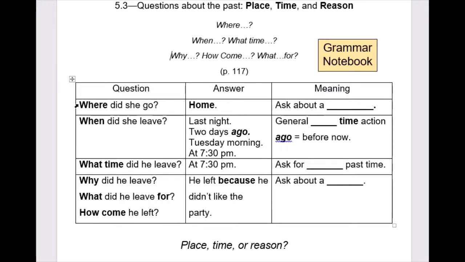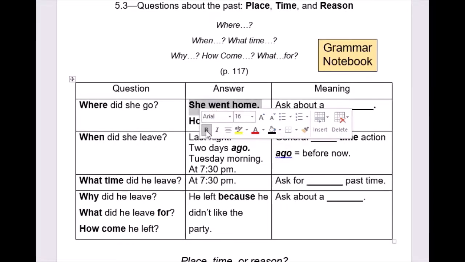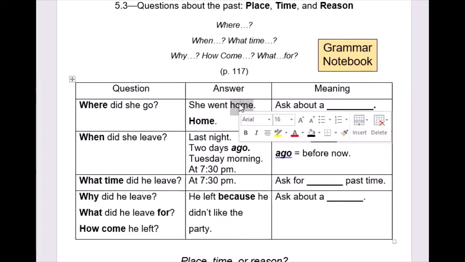So I have a question. Where did she go? Okay. You can answer a short answer if you like. You can say home. Okay. What's the long answer here? She went home. Okay. All right.